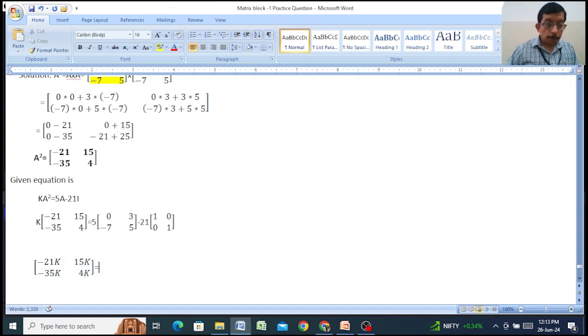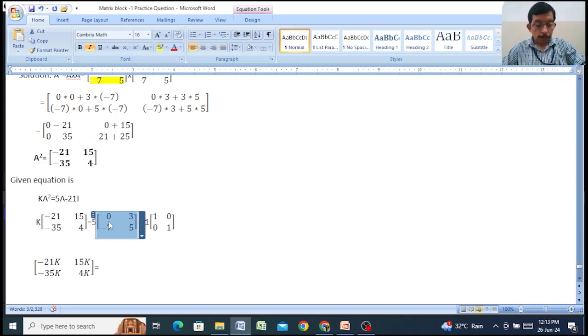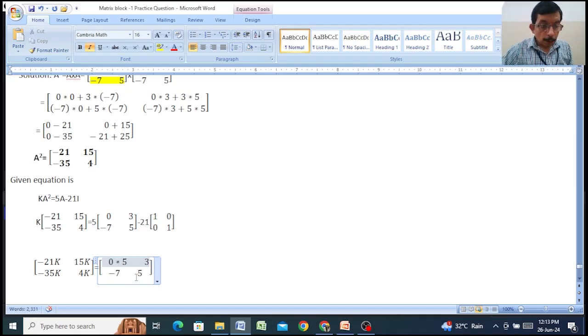is equal to 5, the scalar quantity, multiplied by each element of the matrix. Zero into 5, 3 into 5, minus 7 into 5, 5 into 5.